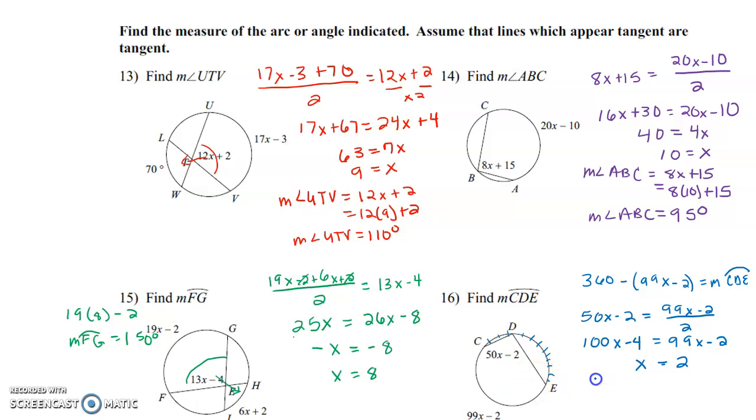So when I take my 99 times 2 minus 2, that's 196 degrees. So then I can take 360 minus the 196, and I have 164 degrees left over. So I know that the measure of arc CDE equals 164 degrees.